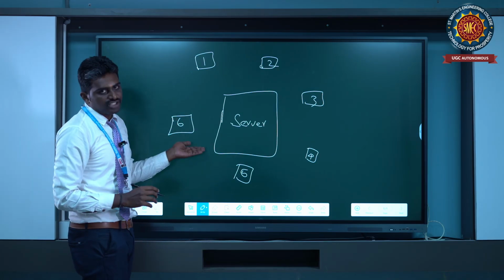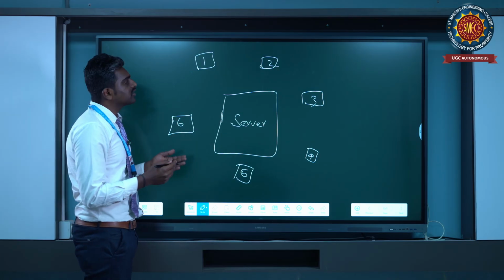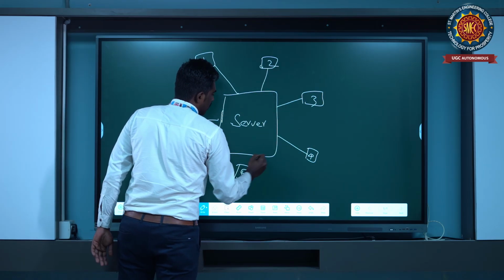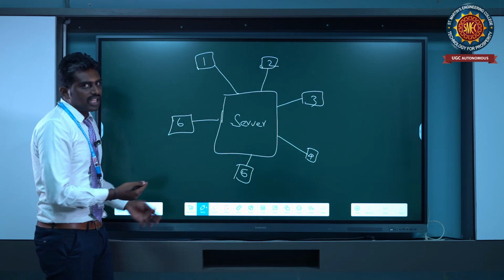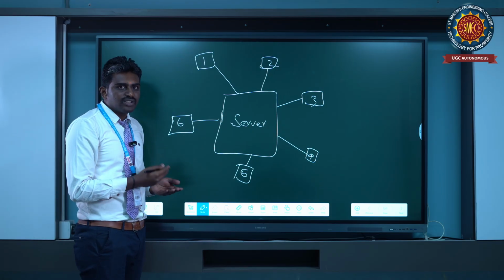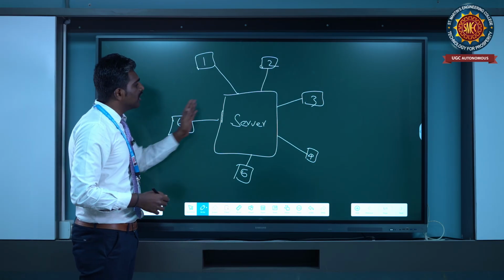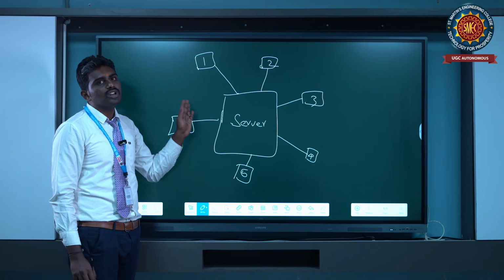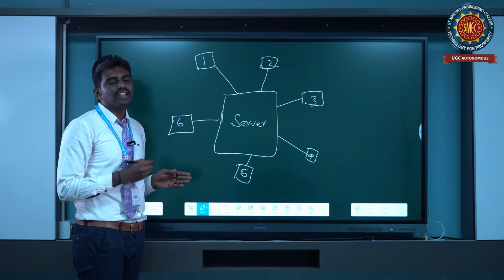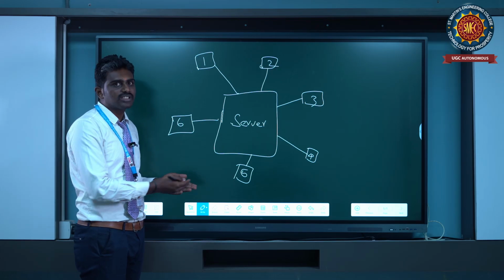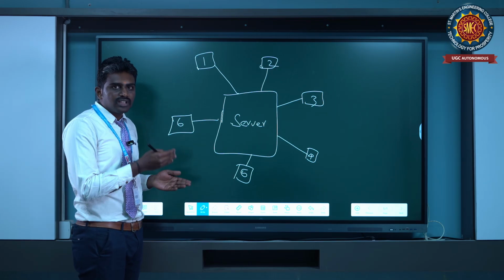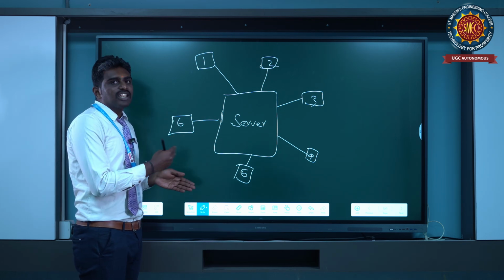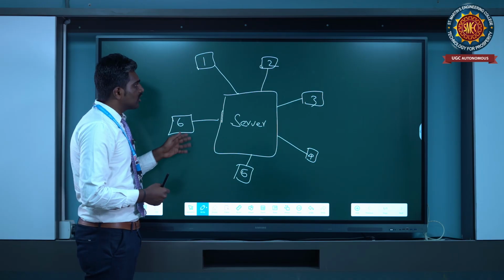Not only 6 systems, n number of systems can be attached to the server, and the server provides the resources and data communication, file transfer; all the processes are implemented by the server. This method is called the network operating system. It handles data processing and file sharing, and is mainly used for file transfer and data transfer.